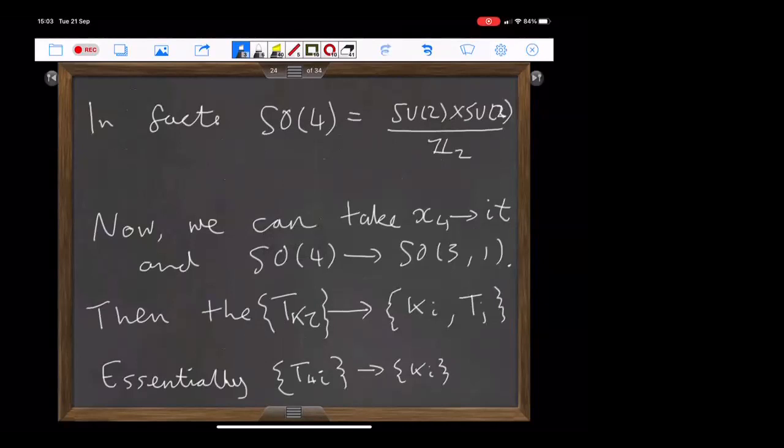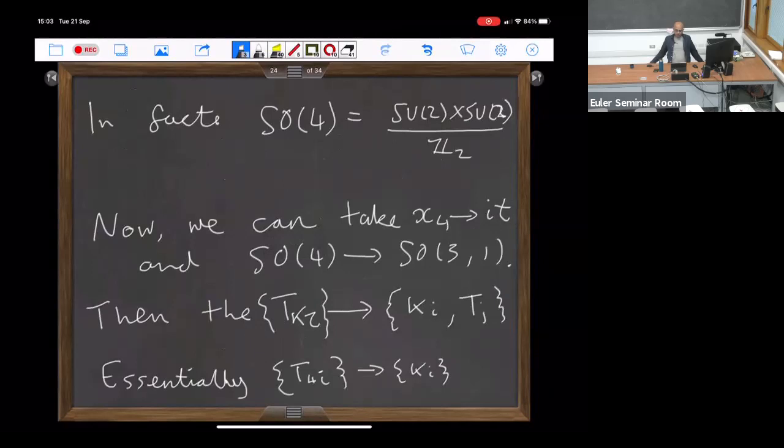So now, SO4 is actually the exponential of these two copies of the Lie algebra of SU2 times SU2, but because it's compact, you actually do get SU2 times SU2.